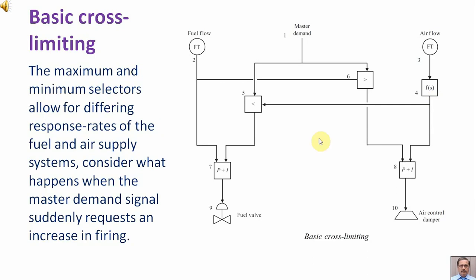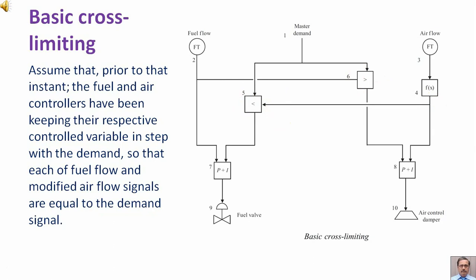The maximum and minimum selectors allow for differing response rates of the fuel and air supply systems. Consider what happens when the master demand signal suddenly requests an increase in firing.